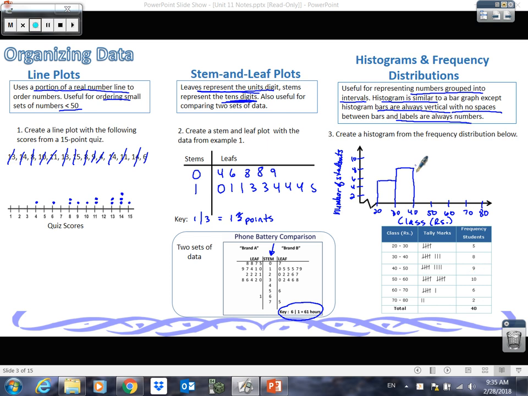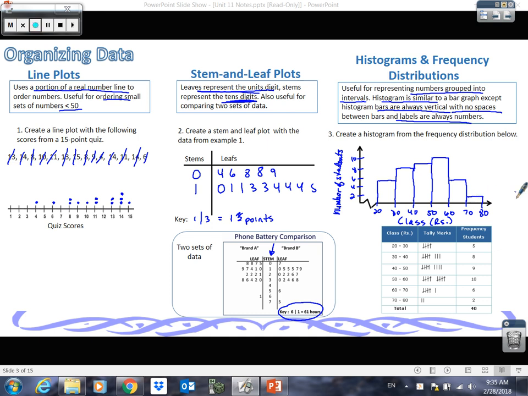So I'm going to go up to 9. Let's see, what do we have? 50 to 60 students is 10. So that's all the way up to 10. 60 to 70 students is 6. So that's back down here. And 70 to 80 students is 2. So that's here.